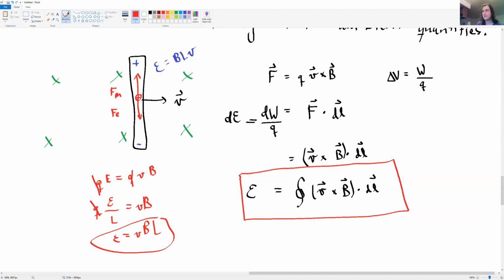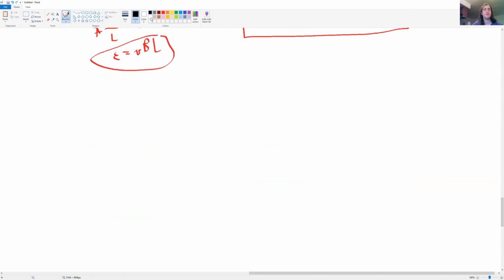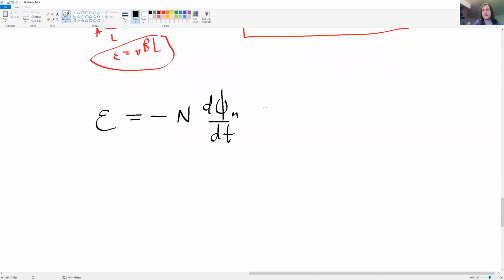Okay, the next thing that we want to do is write down a general expression for Faraday's law. So we've been saying EMF equals minus N d phi m dt. But as I just reminded you, we can write dE here in terms of the work, right? So, and then we can take a look at electrical work, and we can write EMF as, what is it again?